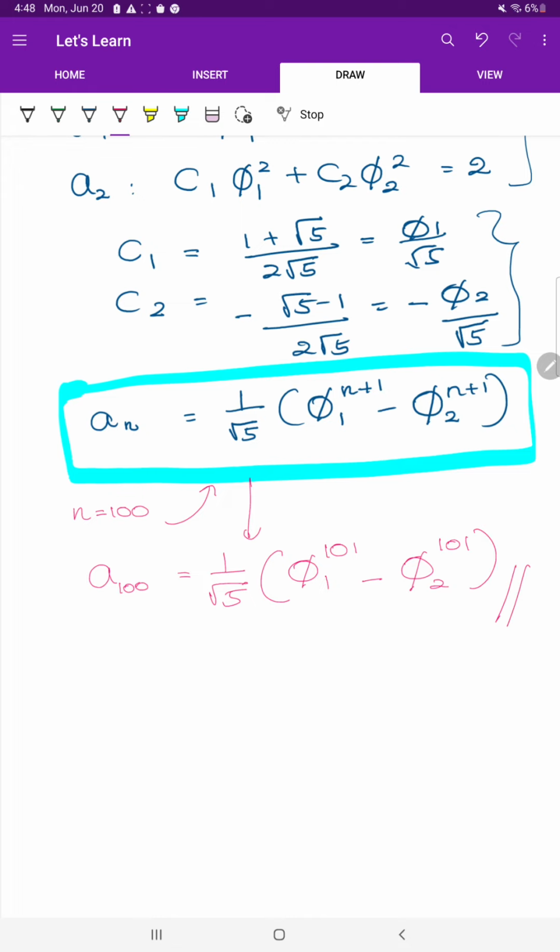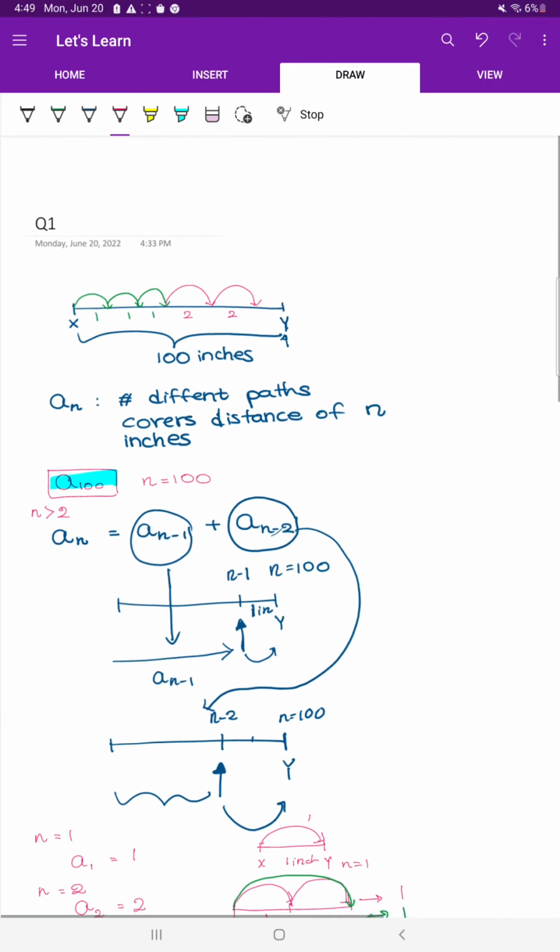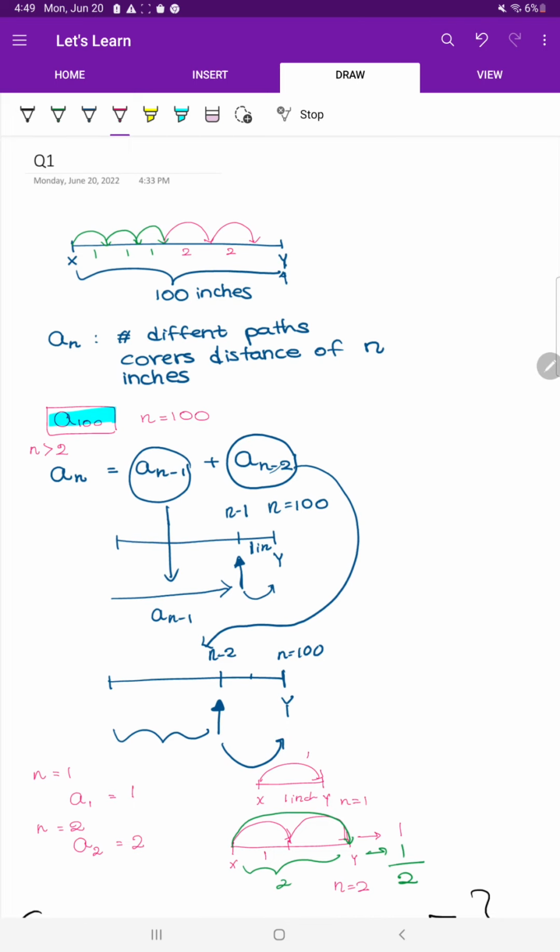So this is the final answer for the number of possible paths to travel 100 inches distance if a flea could travel in this way, 1 inch at a time or 2 inches at a time.